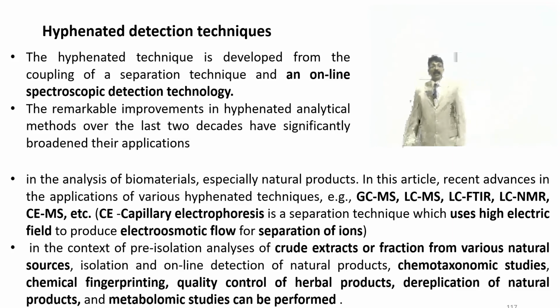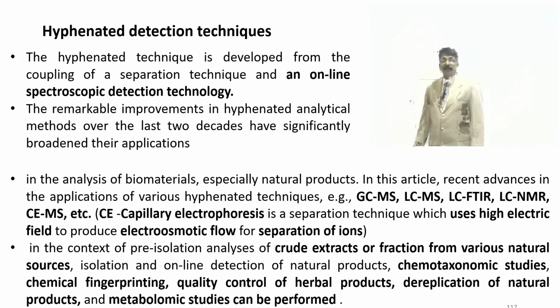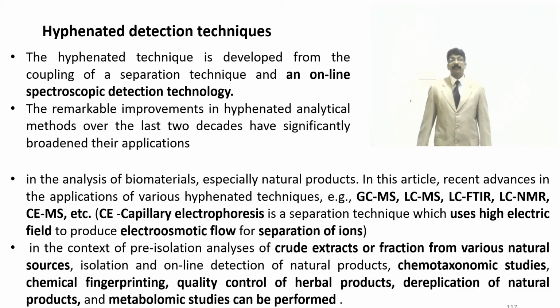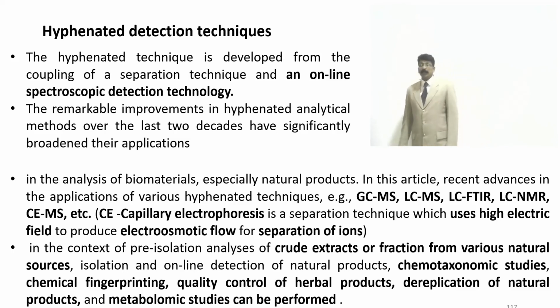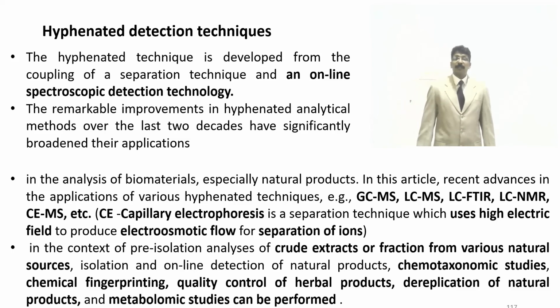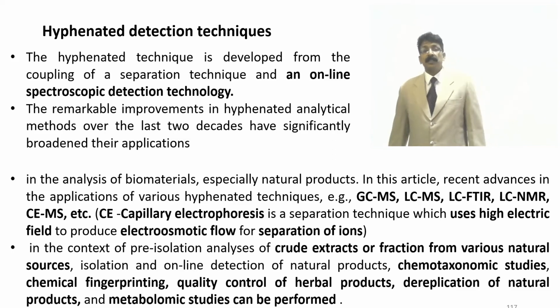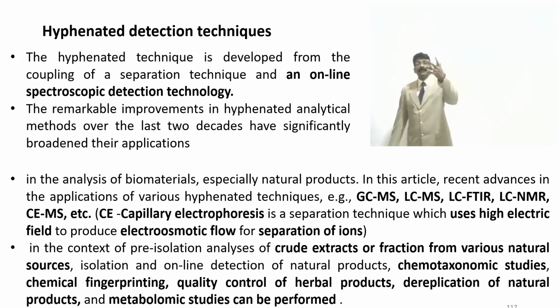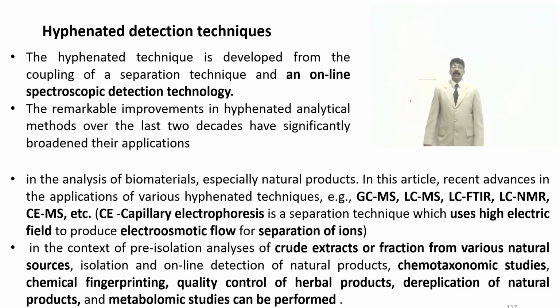And also chemical fingerprinting and quality control of herbal products, de-replication of natural products, and metabolomic studies. Various metabolic studies can also be performed by means of these hyphenated detection techniques.